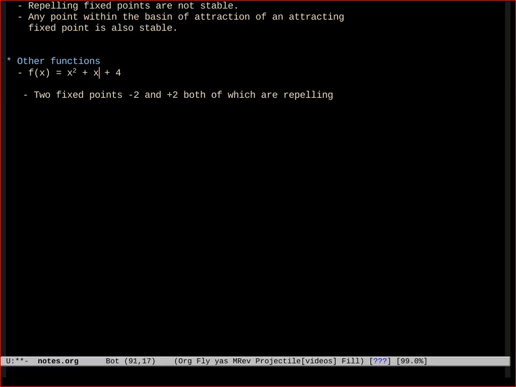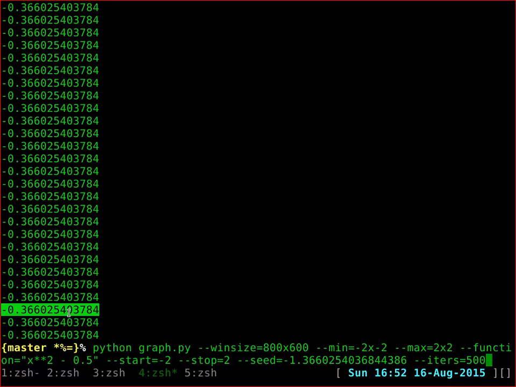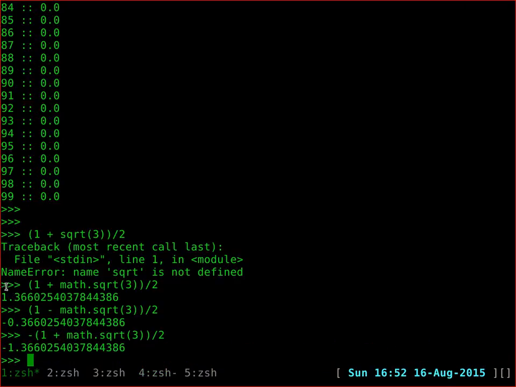So I will just mention this for the other function. This was f of x equal to x squared minus 0.5. And we have two fixed points.